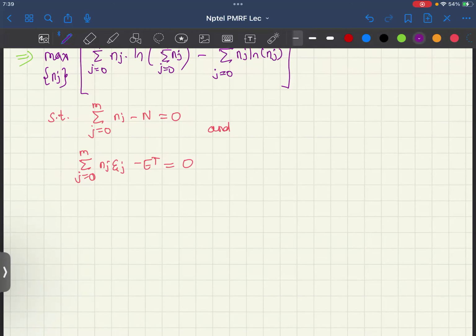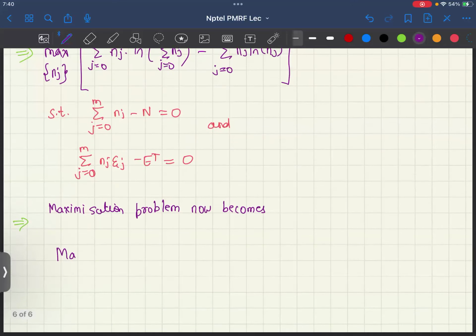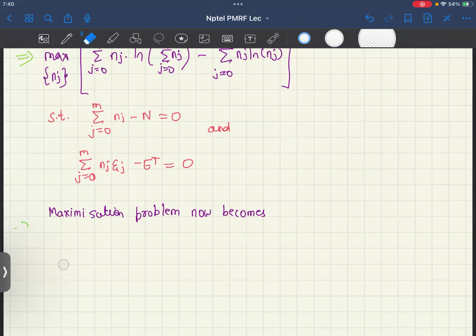Now the maximization problem becomes, right? Maximize, I think it's better to go to next page.